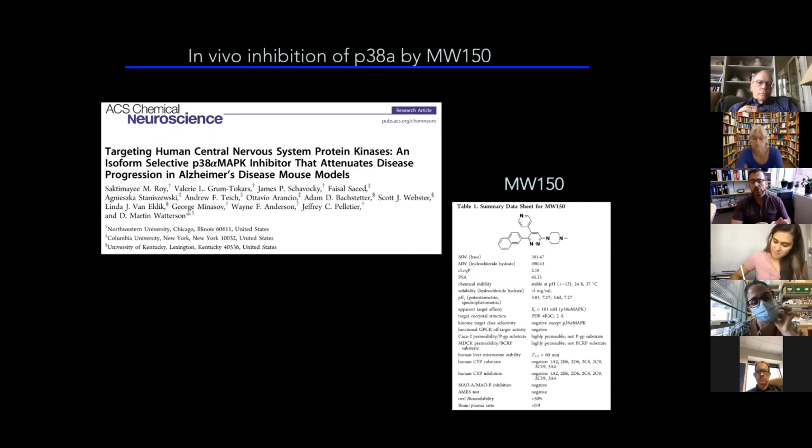And people have actually already shown very good properties of this inhibitor, not just in ALS, but also in mouse models of Alzheimer's and mouse models of traumatic brain injury, which all feature neuroinflammation and microglial activation with involvement of the p38 pathway, okay? So the neuroinflammatory component of those diseases is actually being targeted by this inhibitor very efficiently.